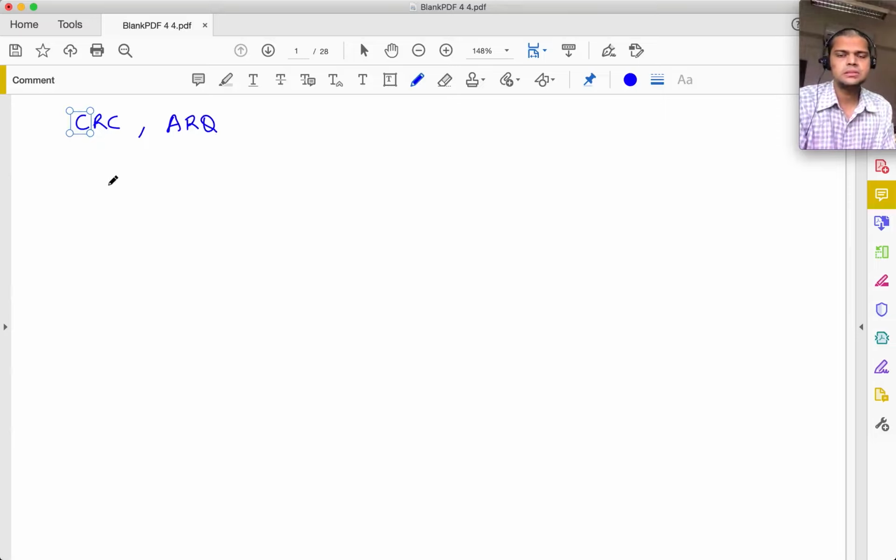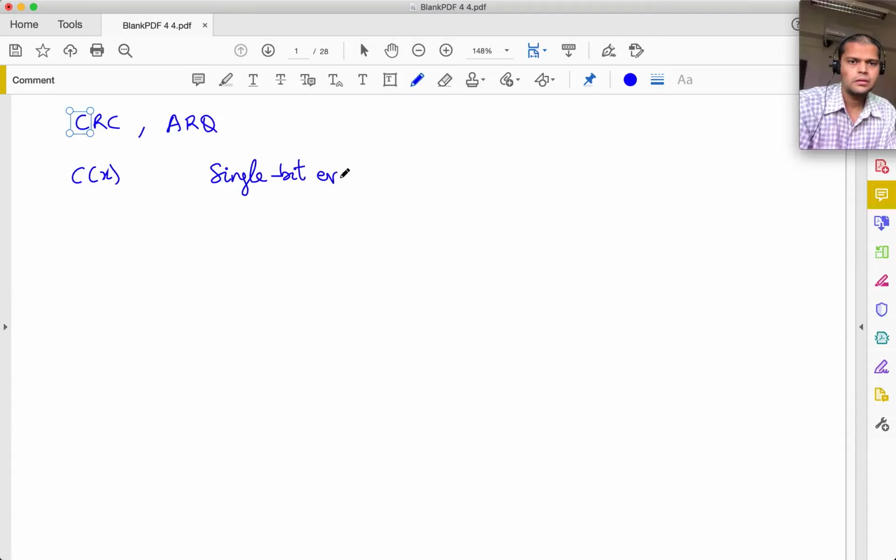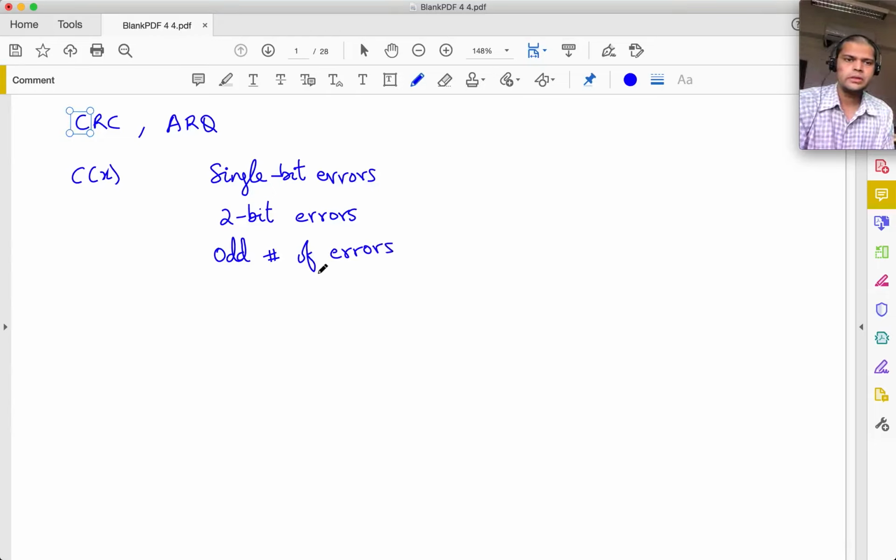Okay, so CRC is the cyclic redundancy check, and we saw how to choose this divisor polynomial so that we'd be able to detect single bit errors, two-bit errors, odd number of errors. Okay, we looked at those three.